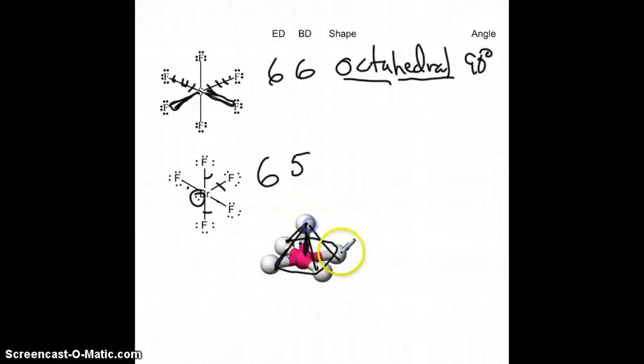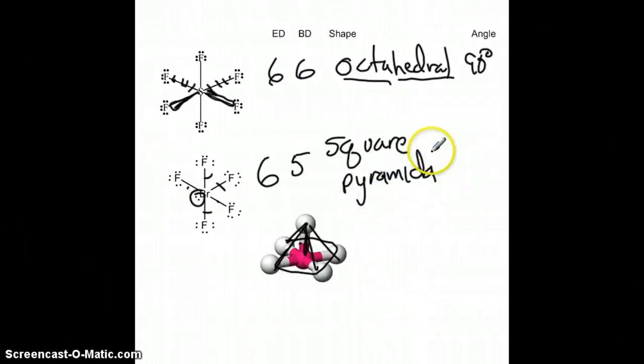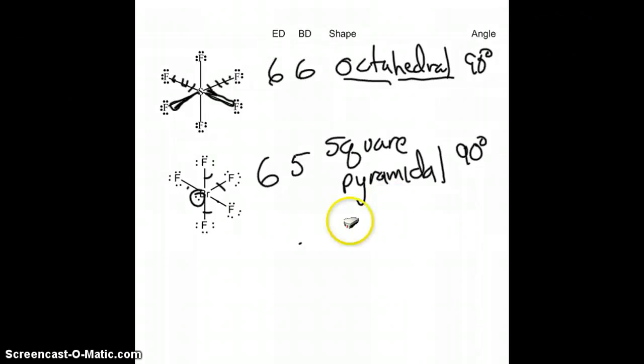So guess what? This is called square pyramid, or if you want to use the adjective form, square pyramidal, whatever. I'd be happy if you just remembered that it was square pyramid something or other.